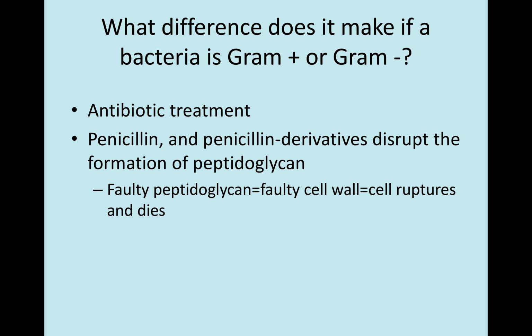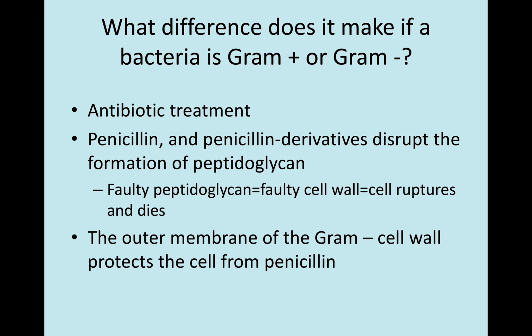Antibiotics such as penicillin disrupt the formation of peptidoglycan. So gram-positive bacteria are more susceptible to penicillin-derived antibiotics, whereas gram-negatives have the outer membrane that serves as an extra layer of protection. The outer membrane prevents penicillin from actually coming into contact with the peptidoglycan.